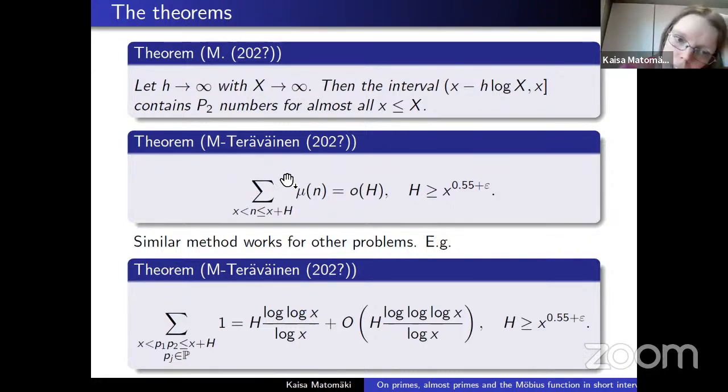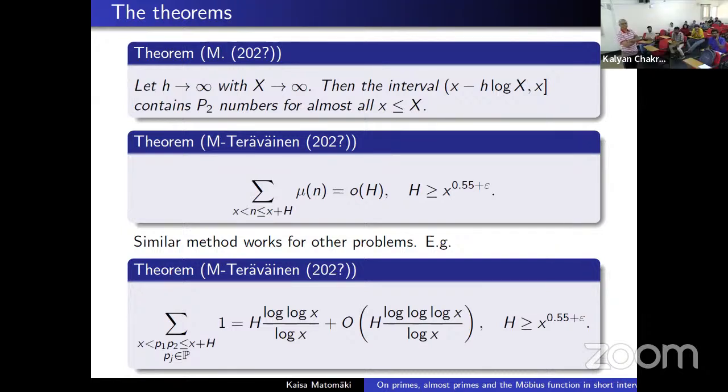But in my work where h is very small, it is for almost all x, and we do have a bound on what we mean by almost all. In particular, in part 2 of our paper, if you look at intervals of length h, we can show that in almost all of them there is cancellation, and the number of exceptions is about x divided by h^epsilon or something like this.